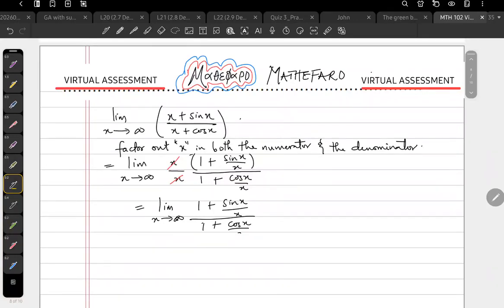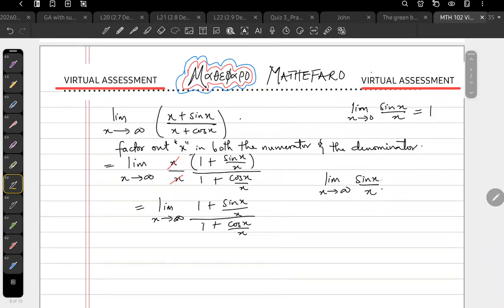But hold on, what is the limit as x goes to infinity of sine x over x? You remember when it is the limit as x goes to 0 of sine x over x, we said this is equal to 1. But what happens when we go to infinity?